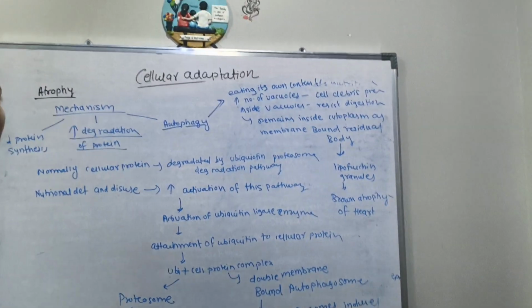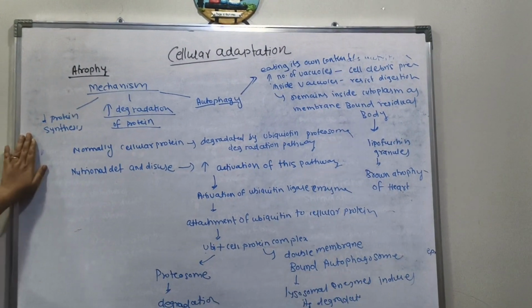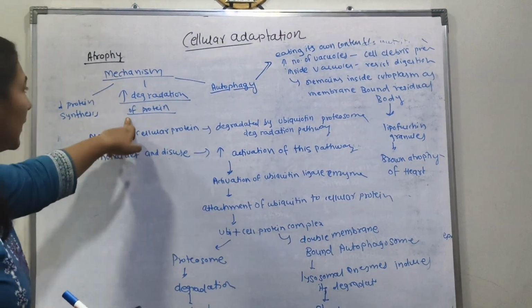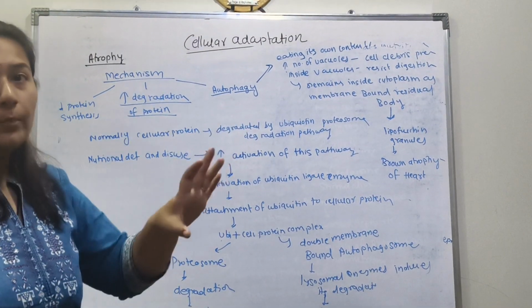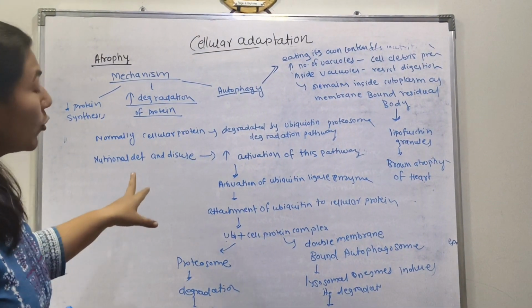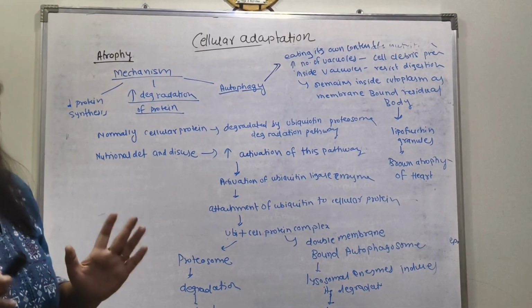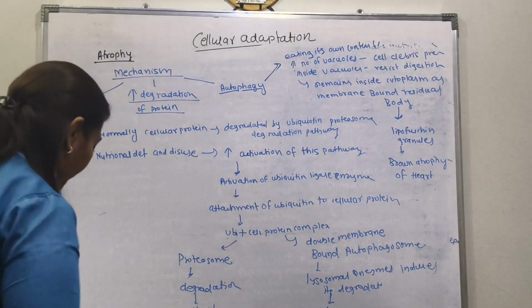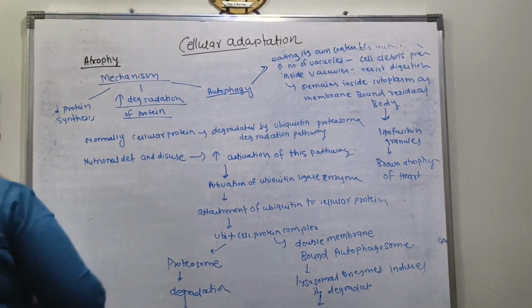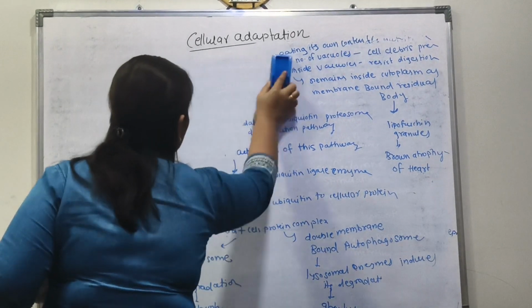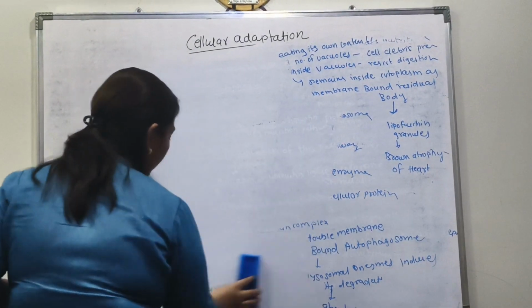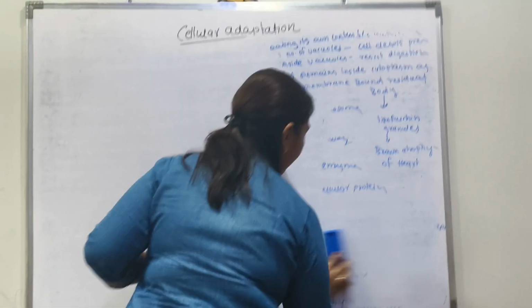Okay, these three mechanisms contribute to the atrophy: decreased protein synthesis, increased degradation of protein, and autophagy. So, the ubiquitin proteasome degradation pathway plays an important role in the atrophy. This is all about atrophy.